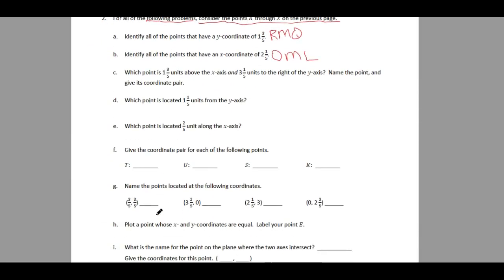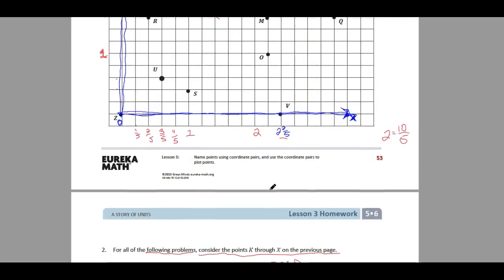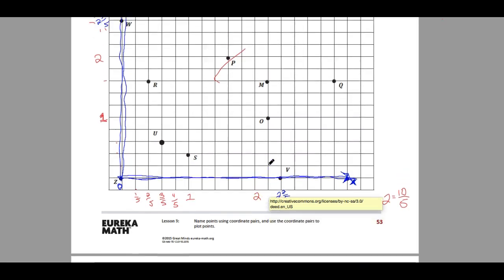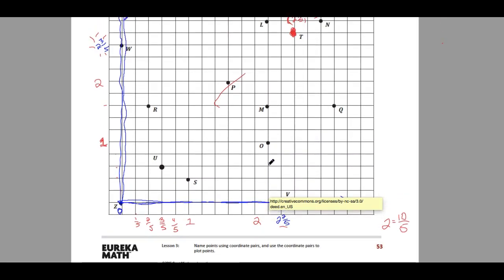Let's cruise on over. We'll do this one right here. 2 and 1/5 and 3. We're going to figure out where that is. 2 and 1/5. Here's 2 and 1/5. So it's going to be on this line right after the 2. And then we go up to the number 3.